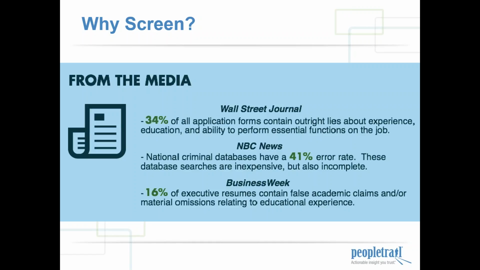Another one I found on NBC News, and this goes right in line with our error rate on our database, because we actually provide this product through our company. National criminal databases have a 41% error rate, and they're very inexpensive, but they're also very incomplete. Later in the presentation, I'll talk about where there is a need or a use for this type of information.